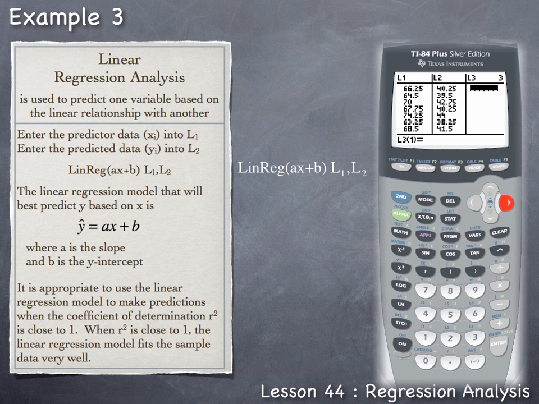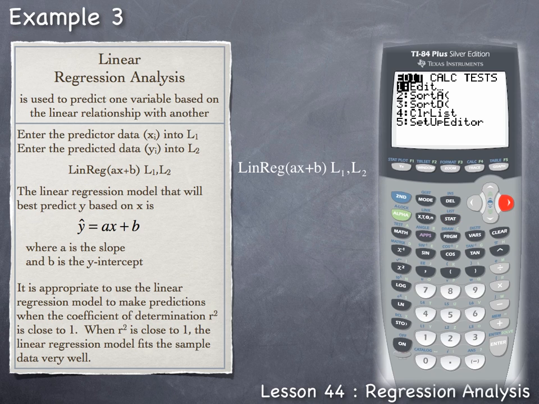Now we could use the TI-84 calculator to calculate the linear regression model by executing the LinReg ax plus b command with list 1, list 2. To do this, we press Stat, arrow over to Calc, arrow down and select linear regression ax plus b. Second 1 for list 1, second 2 for list 2.